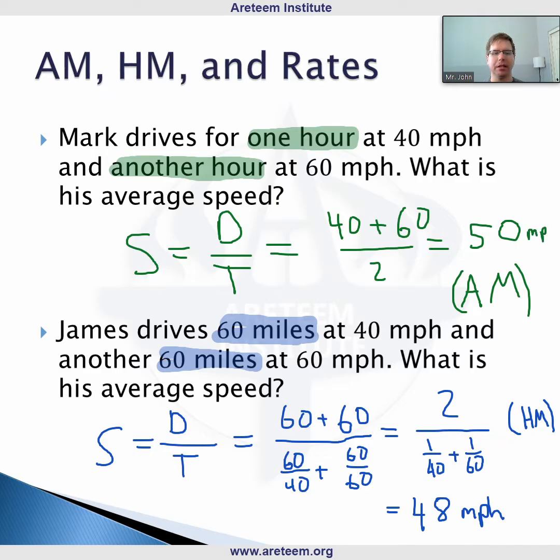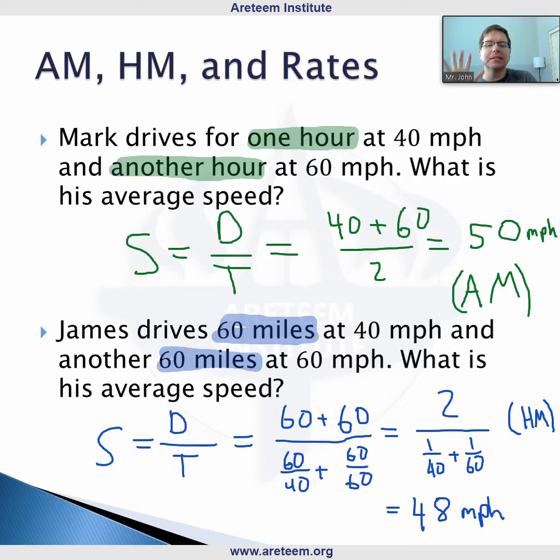So comparing our two speeds, we have arithmetic mean is 50 miles per hour and the harmonic mean is 48 miles per hour. And again, we can see that the arithmetic mean is larger than the harmonic mean here, and that makes a little bit more sense intuitively in this type of problem.